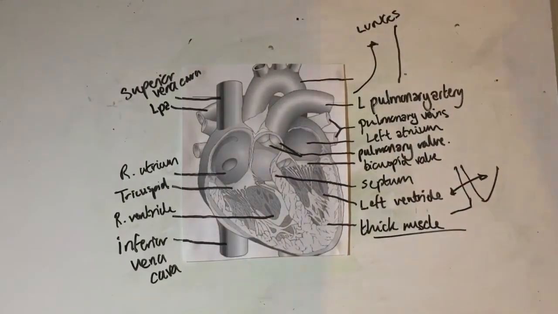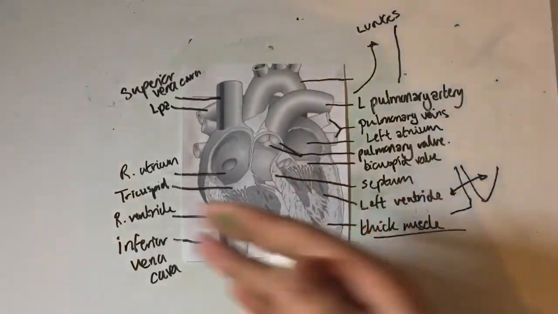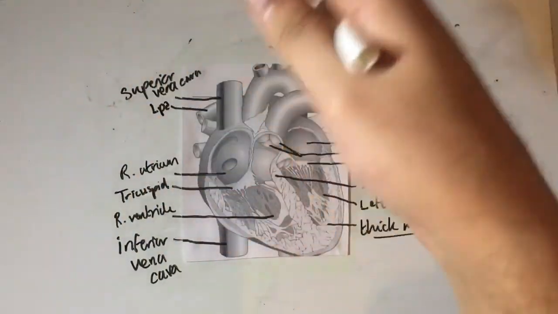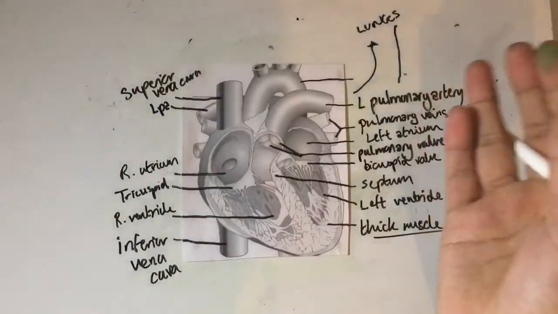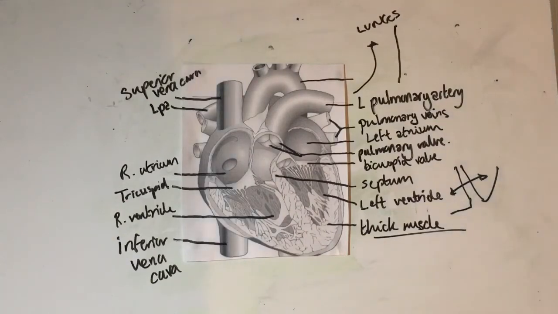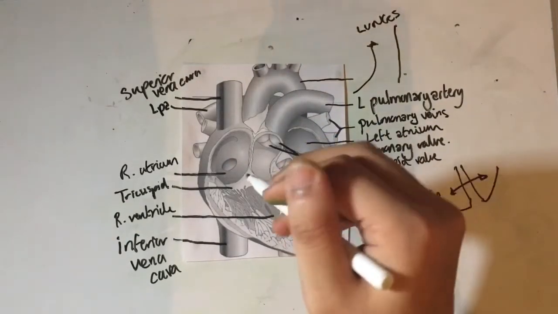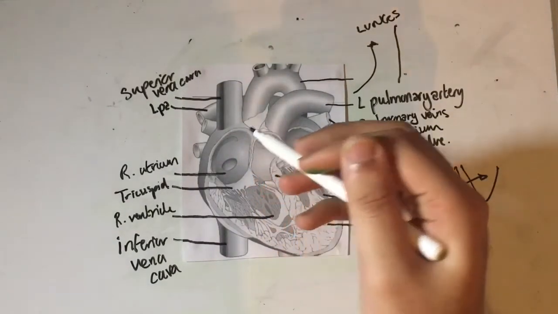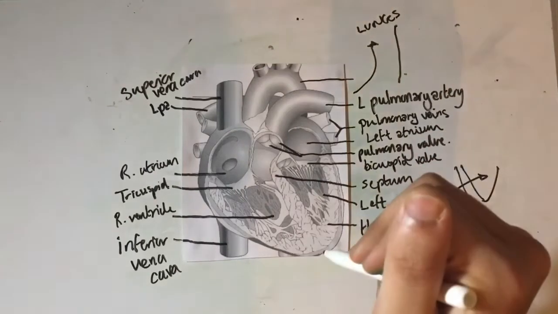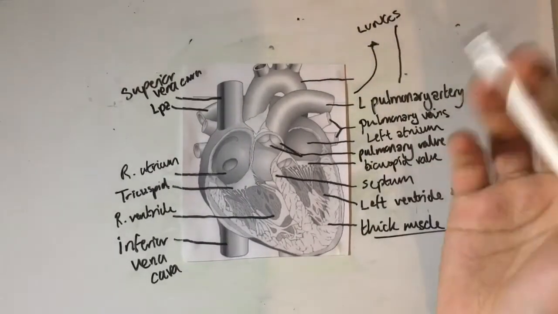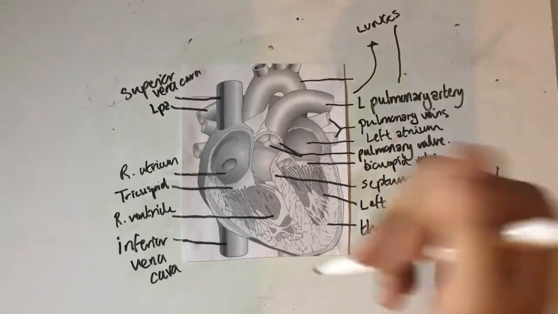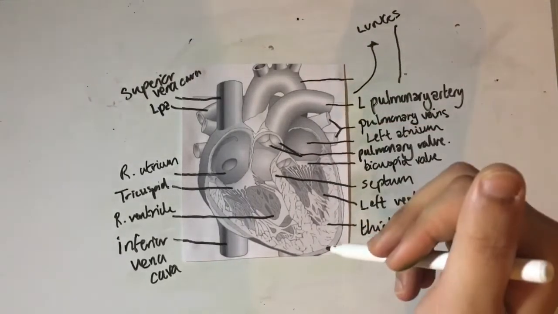Okay, so we've looked at the inside of the heart and how the blood flows in and out of the heart in the two different sides and the two different pumps. But how does the heart receive its supply of oxygen for its muscles to then have the energy to contract and carry out these tasks?